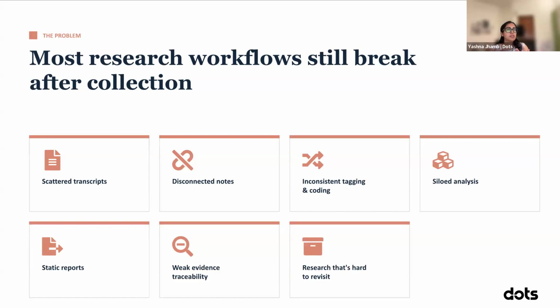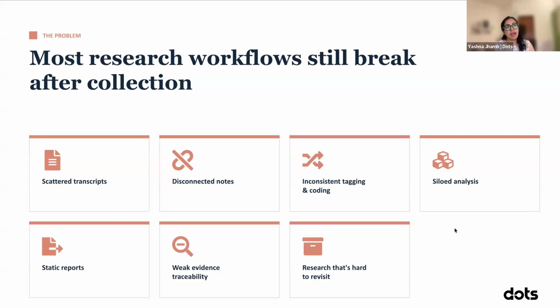The problems we see are disconnected notes, inconsistent tagging, siloed analysis, static reports, and weak evidence traceability, one of the major ones these days with all the AI available. Research is also often hard to revisit after a project or program is run. So our target is to focus on these points while building Dots.